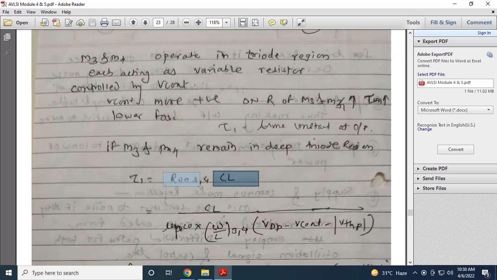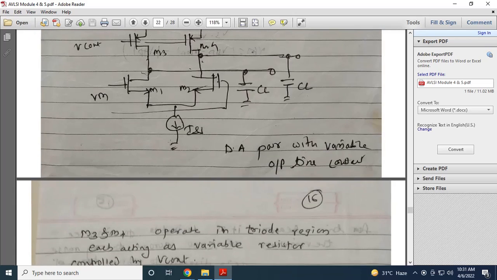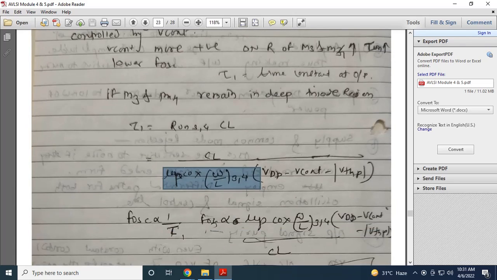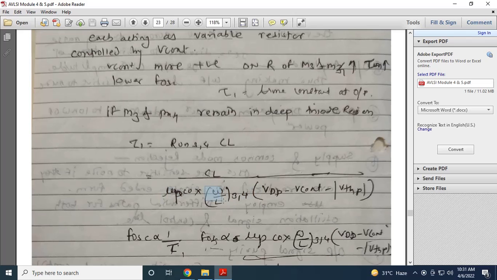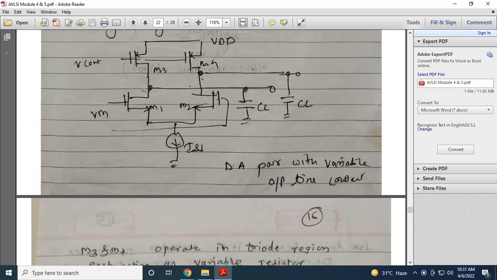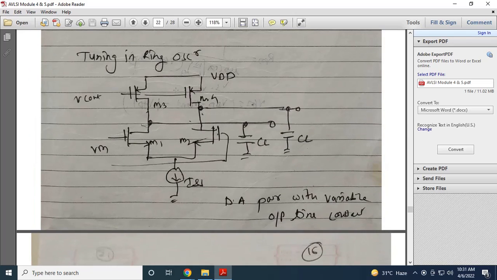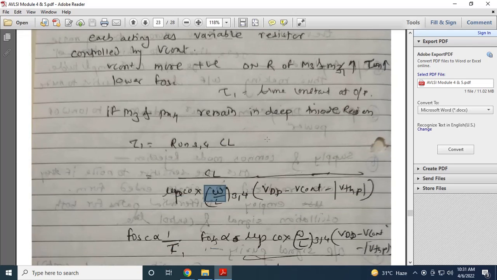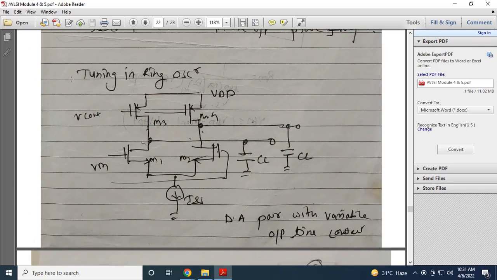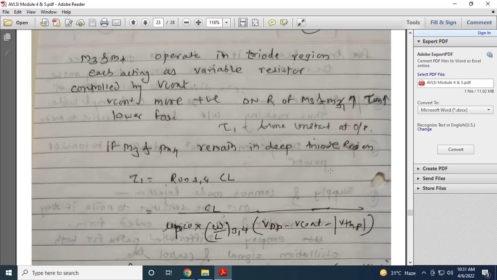We know the equation of R_on: 1 upon mu_p C_ox (W/L) of transistor 3 or 4 multiplied by (V_GS minus V_TH), because this is a PMOS. In this case V_GS is the voltage on source, that is V_DD, minus the voltage on gate, that is V_control, minus V_TH.